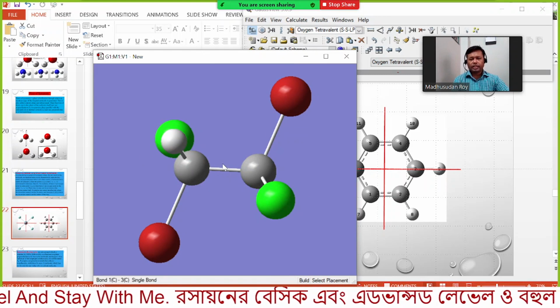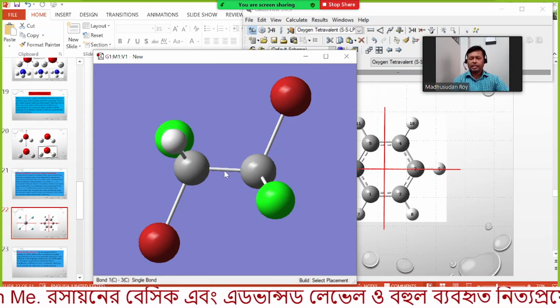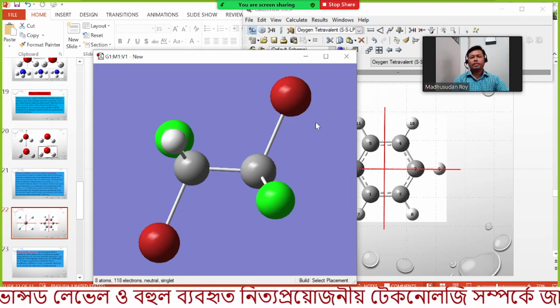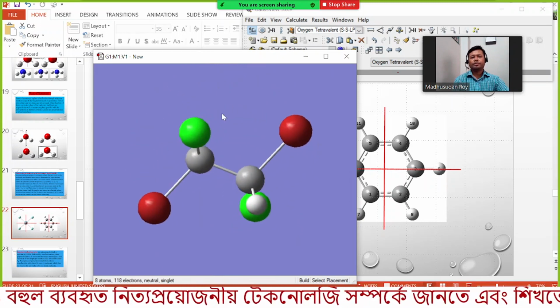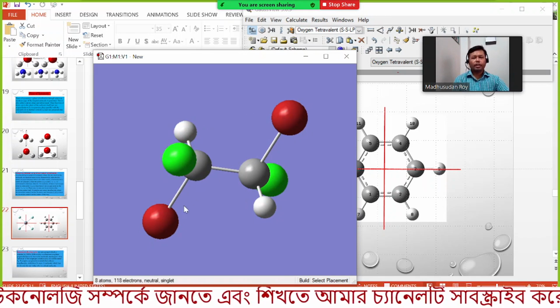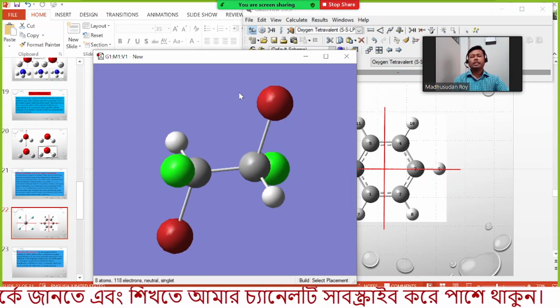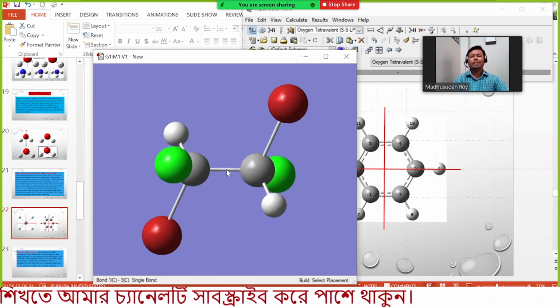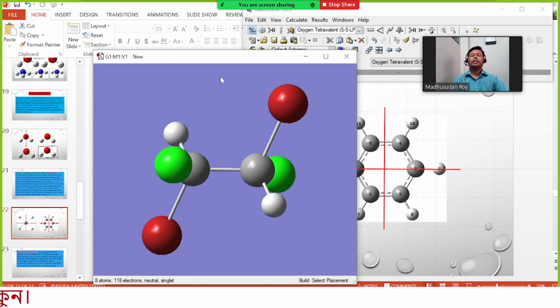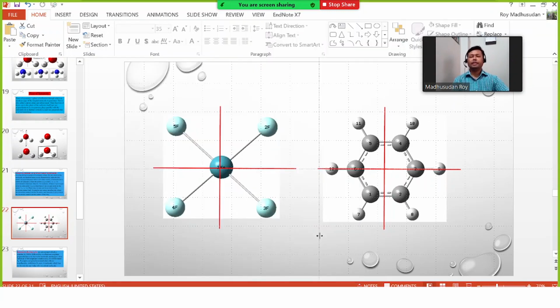If you invert this molecule according to a point, just this bromine coming opposite to the bromine, and if it gives an identical representation to the previous one, then these types of molecule can have center of inversion symmetry.